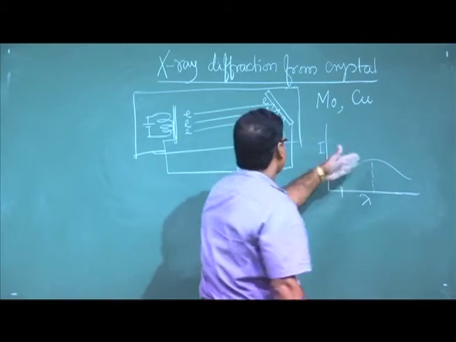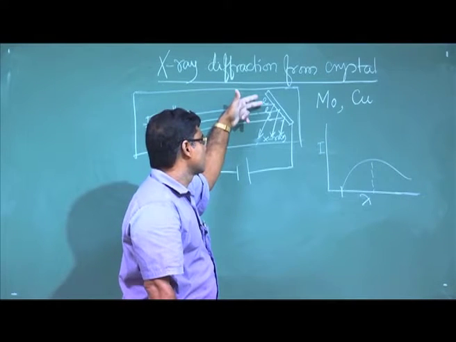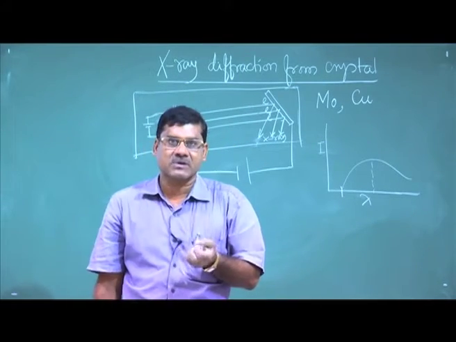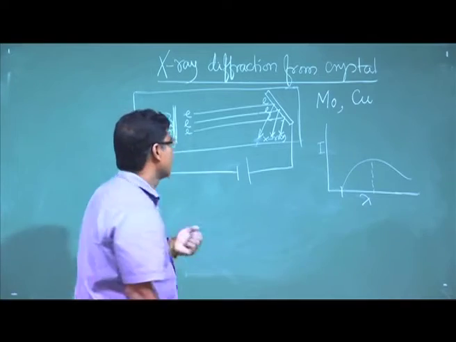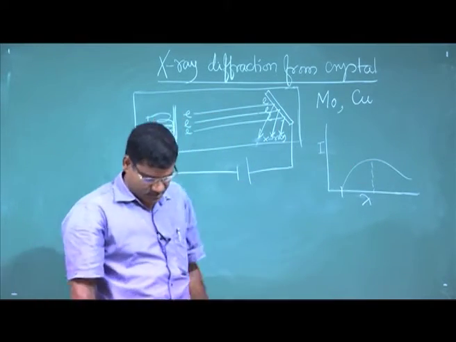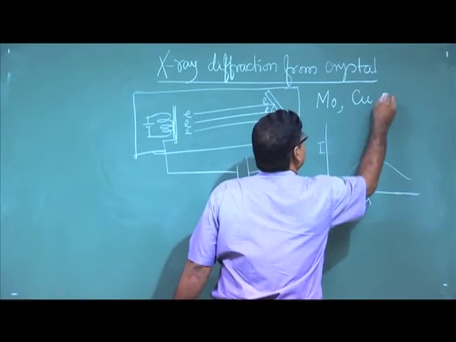And another thing happens when this accelerated charged particle hits this target. Now, this target is made of atoms. So, now this is made of either molybdenum or copper, some other target can also be cobalt, people also use cobalt, okay.